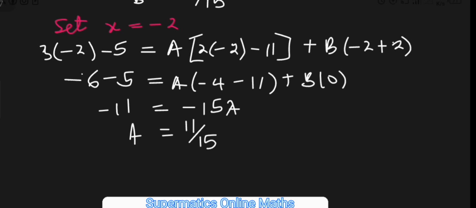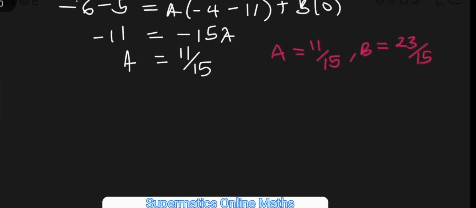Now that we have the constants, A is 11 over 15 and B is 23 over 15. We are going to plug these values into the partial fractions that we formed earlier on.